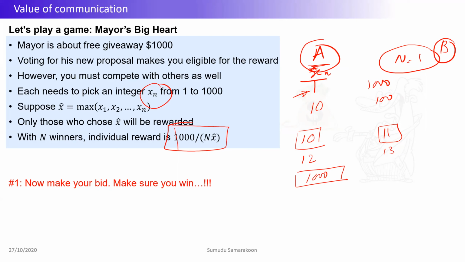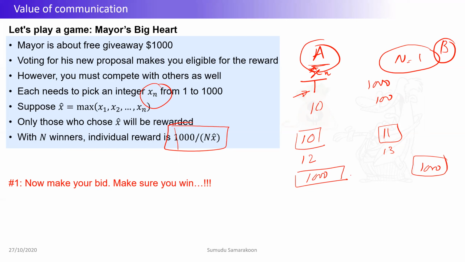So B is also thinking, okay, if I place a certain bid, A might place something larger than that. I'm going to go home with nothing. So he's going to increase his bid. So basically, he's going to end up with a bid of 1000, hoping, okay, if he has placed 999 and still I'll go home with $1, which is not big, but at least it's a reward larger than zero, right?